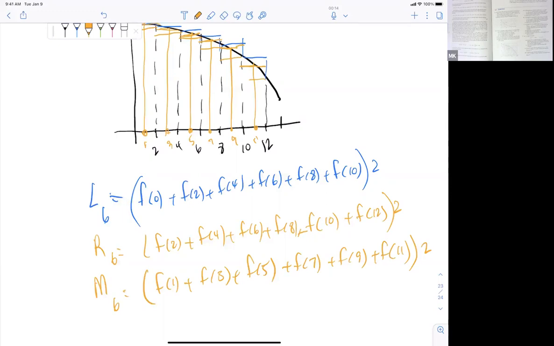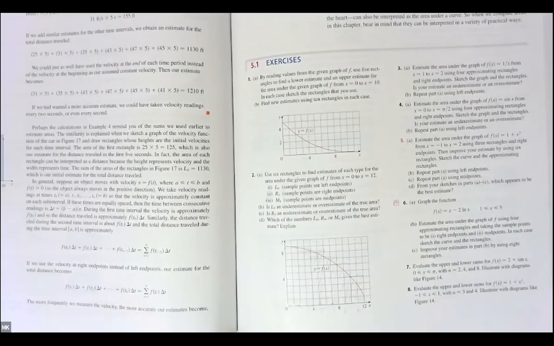And then you get to the next problems, 3, 4, 5, that don't give you a graph. They give you a function and some interval, and you have to partition it into pieces and do left endpoint, right endpoint, midpoint, and see how they compare.